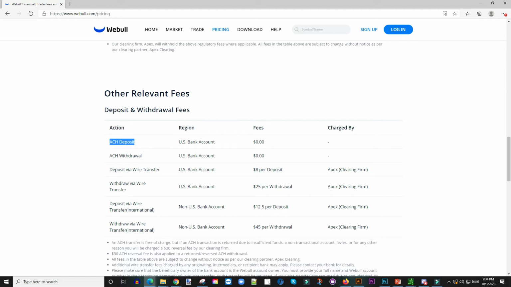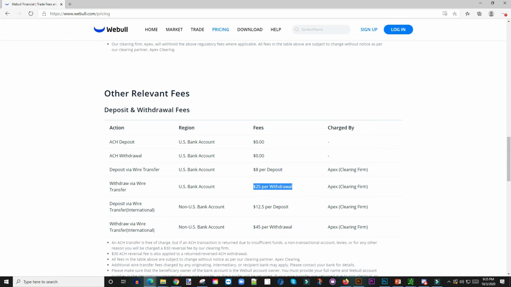If you do ACH withdrawal from WeBull to your bank account, again, it's free. There's no fee associated with that. But if you deposit from your bank to WeBull via wire transfer, you get charged $8 per deposit. If you withdraw via wire transfer from WeBull to your bank account, you get a $25 per withdrawal fee.